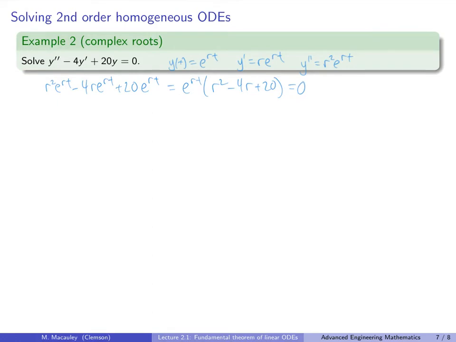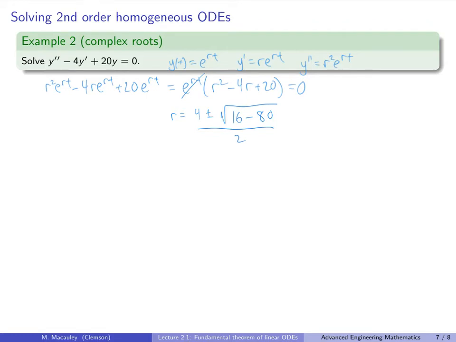Now some of you, if you've done a few of these, will skip right to this step, and that's fine. So let's cancel that. Now, this doesn't factor, I don't think, so we have to use the quadratic formula. r equals minus b, that's 4, plus or minus the square root of b² which is 16, minus 4 times a, which is 1, times c, which is 20, that's 80, all over 2a, which is 2.